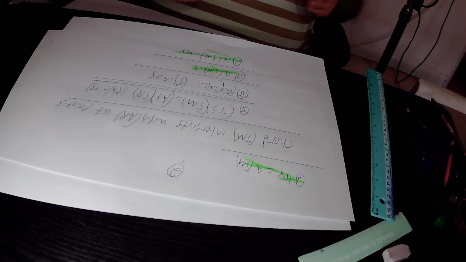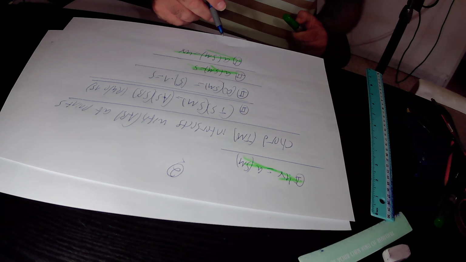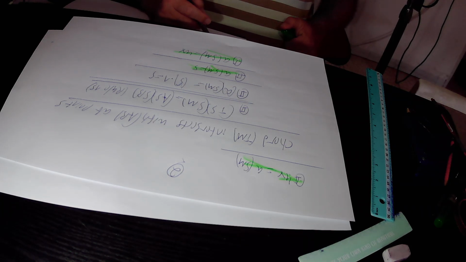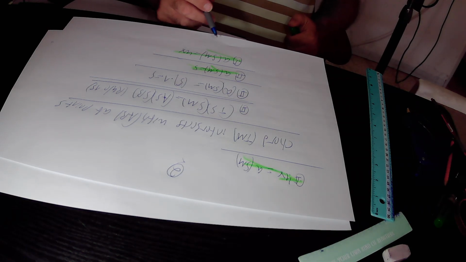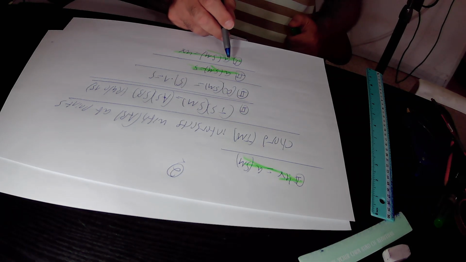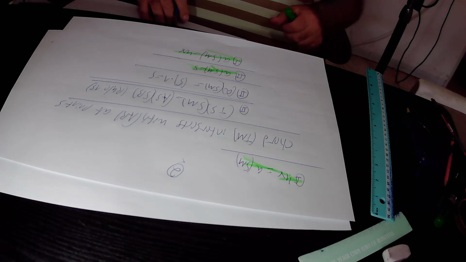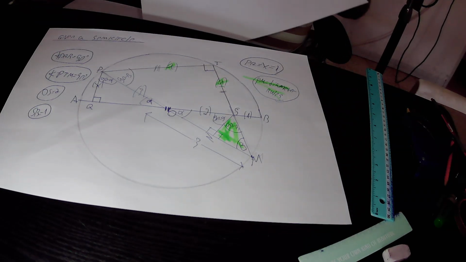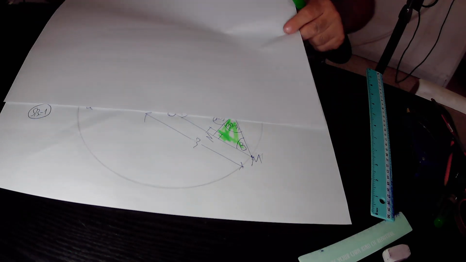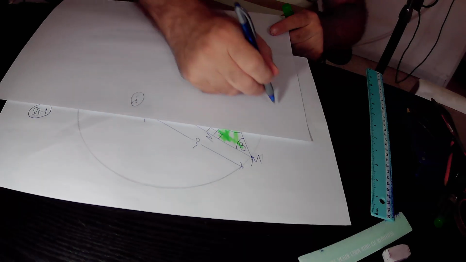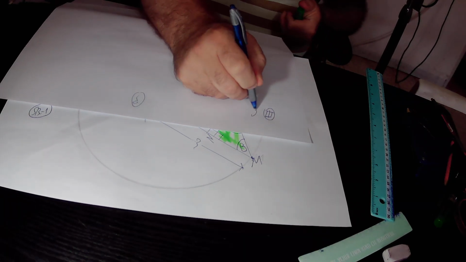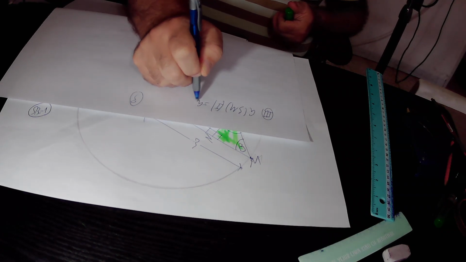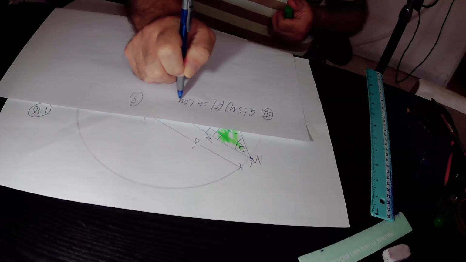So we have two different expressions for A times SM. Therefore, we create equation 3, which states that A times SM according to equation 1 must be equal to A times SM according to equation 2.